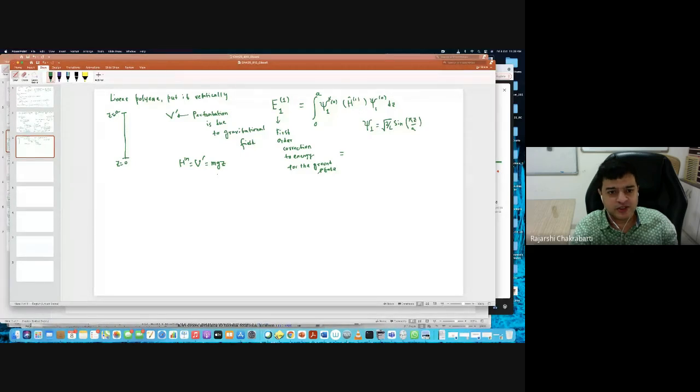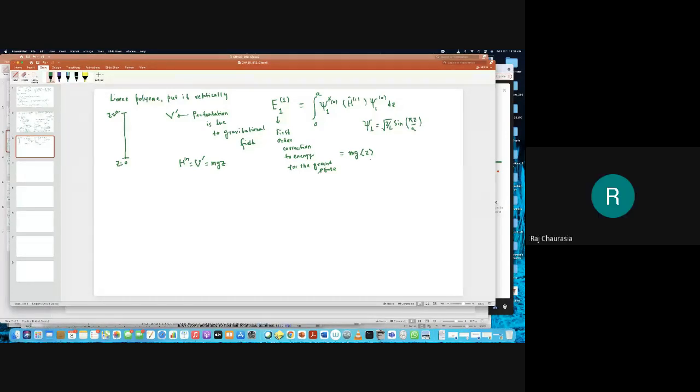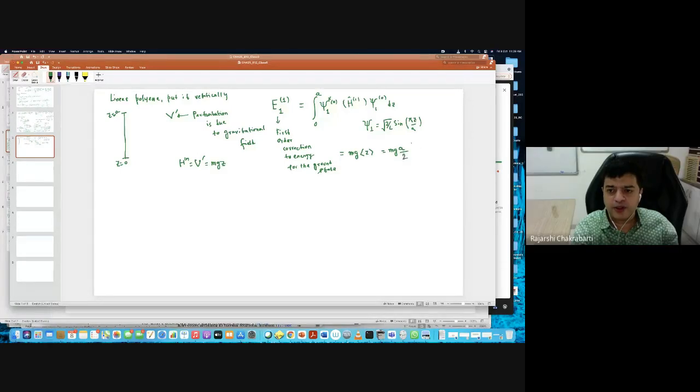Essentially your H1 is mg times Z, so it is mg times the average value of Z. What is the average value of Z for a particle in a box in the ground state? It is A by 2. So mgA by 2, and this is negligibly small if you put in the values.